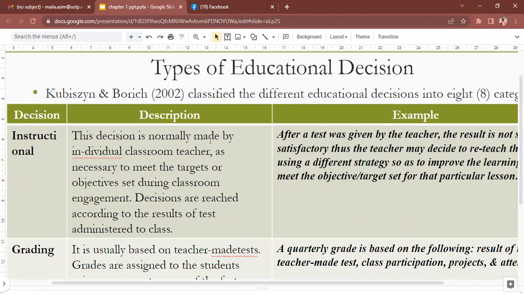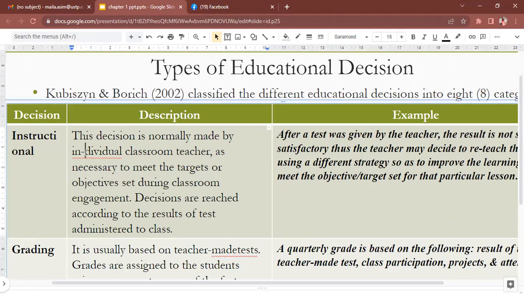This decision is normally made by the individual classroom teacher. So, you, teacher, inside the classroom, it is up to you what instructional decisions you will give in your instructions to the students, because it is necessary to meet the targets or objectives you set for the classroom discussion.